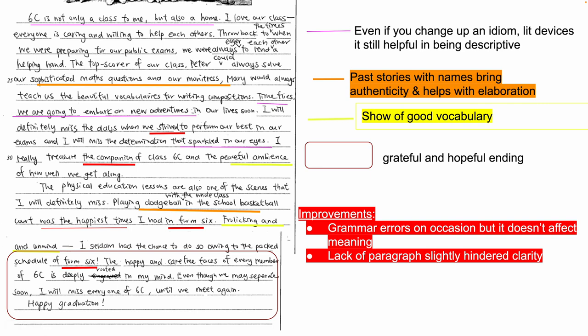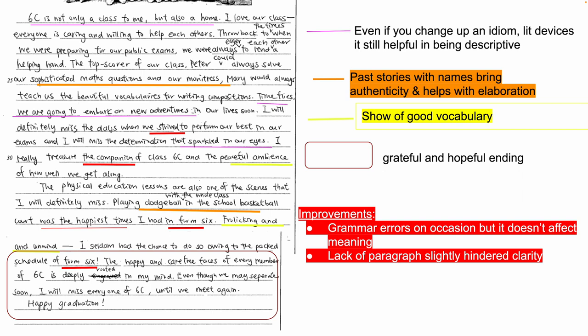So here in the second part, where you have to talk about what you'll miss most about 6C. So again, even if you change up some idioms, it is still helpful, all right? And being descriptive. Obviously, this is kind of cringy. "6C is not only a class to me, but also a home." It's cringy. Yeah, it could be a lie, but it doesn't matter.